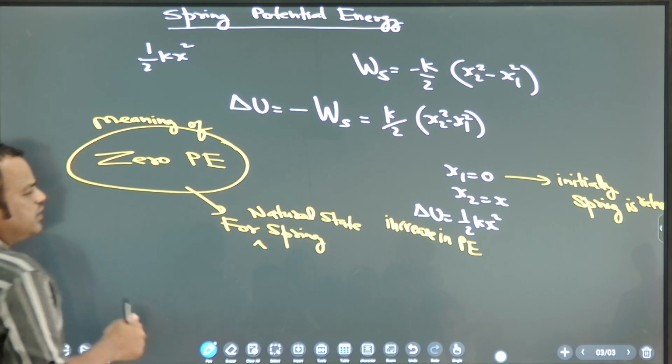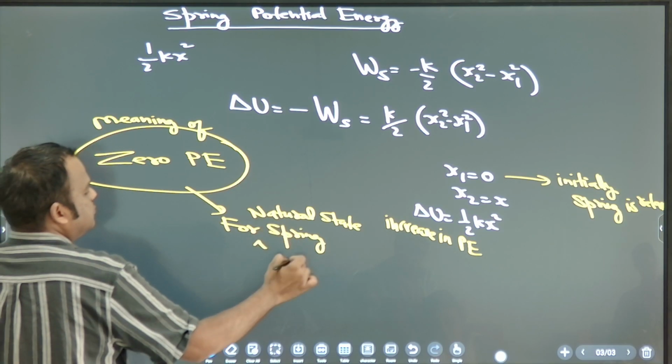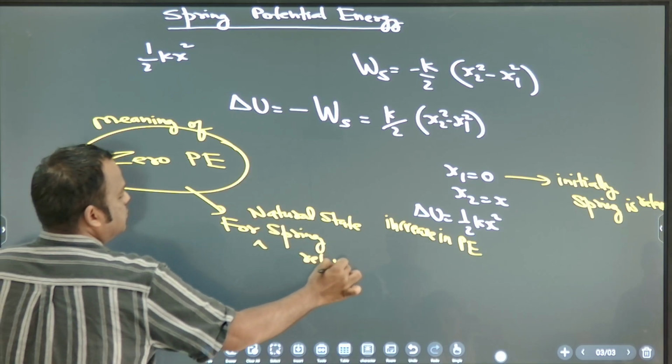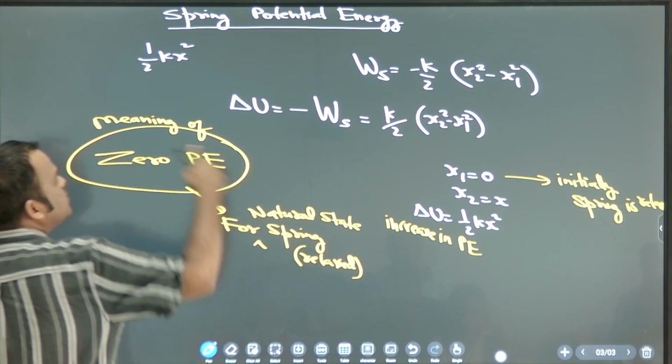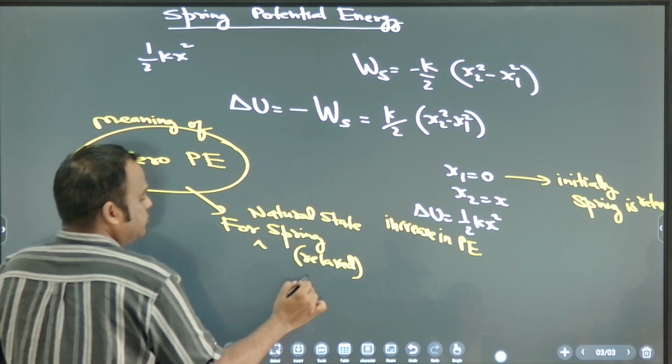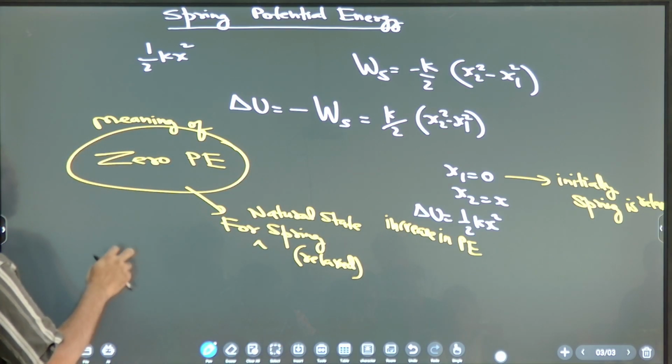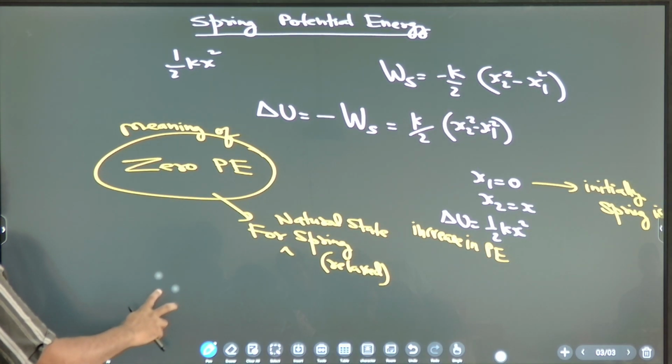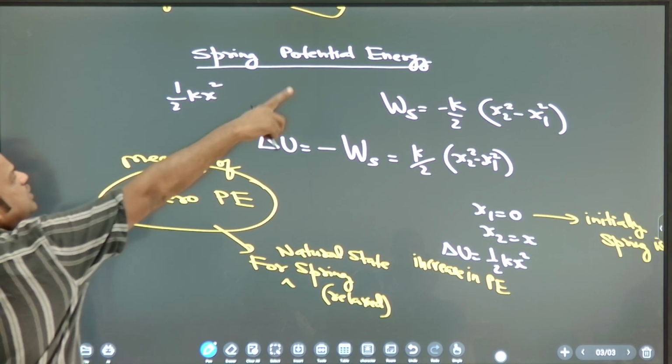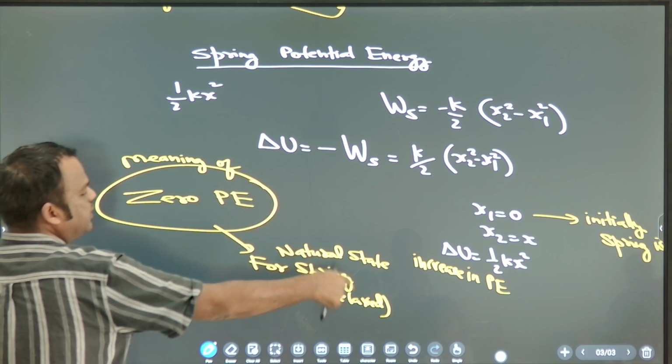Zero. Okay, remember this. Relaxed state potential energy zero. Potential energy of a spring is zero when relaxed. Okay, clear?